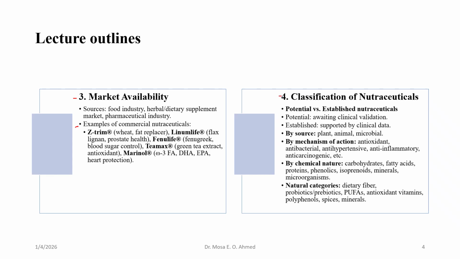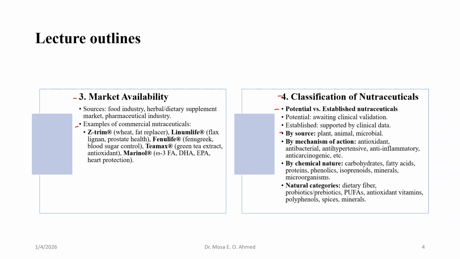Outline number 4, classification of nutraceuticals. And in this outline, the following subtitles are included. Potential versus established nutraceuticals. Potential means waiting clinical validation, while established is already supported by clinical data. Another classification by source, and as we mentioned previously, can be classified into plant, animal, or microbial source.